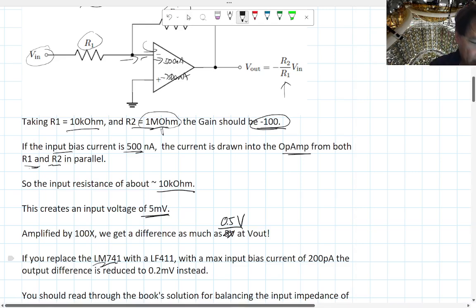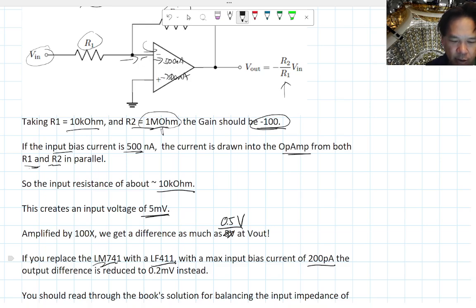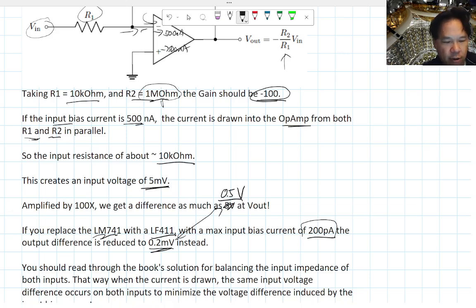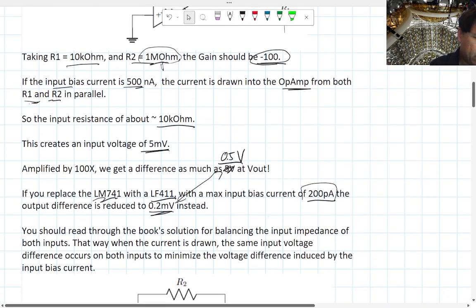If you replace the LM741 with our LF411, basically your maximum input bias current goes down to 200 picoamp, so the output difference will be 0.2 millivolts instead. These are drastically different numbers. Half a volt you actually care about, but 0.2 millivolts, our scope would not even be able to tell the difference.